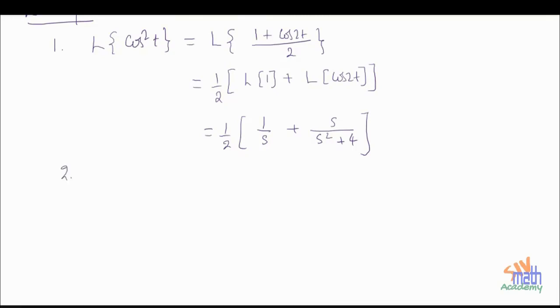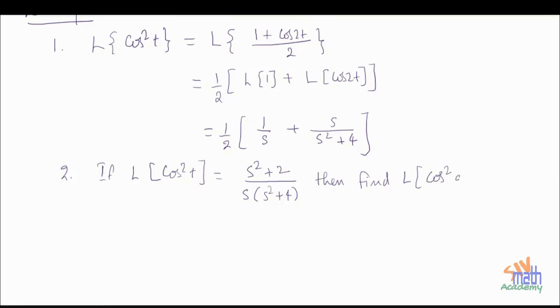Similarly, the second problem: if L of cos square t is equal to s square plus 2 upon s into s square plus 4, then find L of cos square at. They're asking what is the value of L of cos square at.